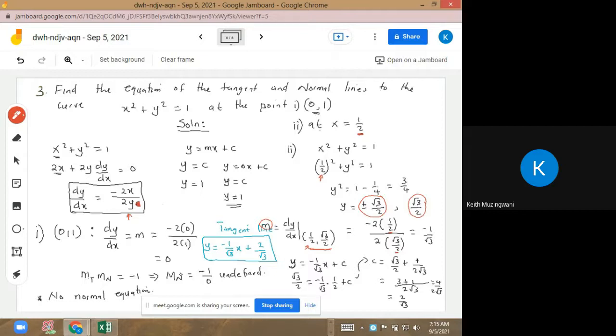But this 2 and this 2 cancel, this 2 and this 2 cancel. So we remain with negative 1 over root 3 as our m. This is the gradient now for the tangent line. So you substitute this gradient where there is m in the tangent line equation. Remember, we always have this setup.